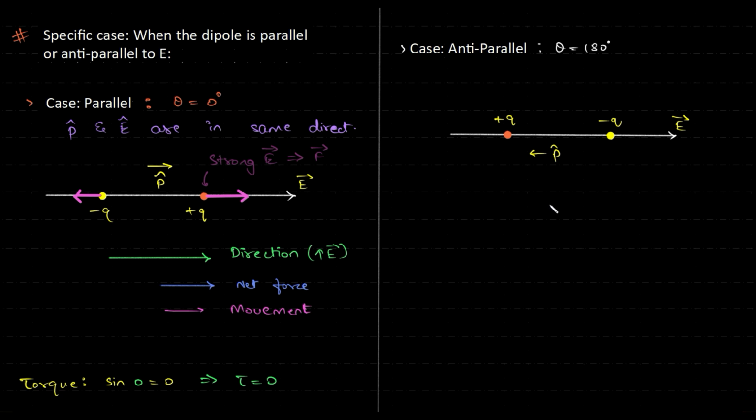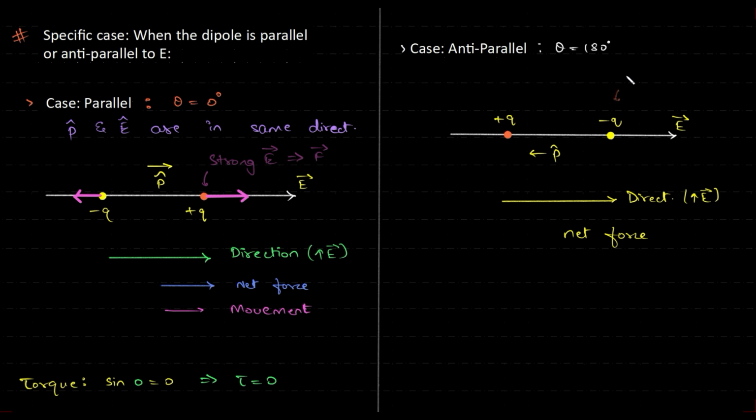Now, if the direction of increasing electrical field is to the right, then the net force will not be to the right again. Here it's not so. Think about it. Here, which will experience more electrical field?